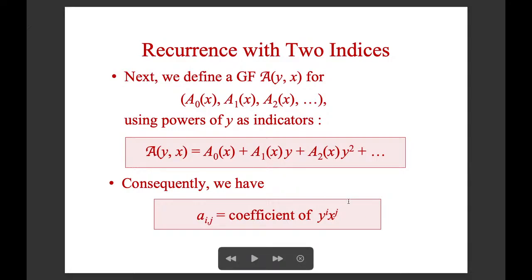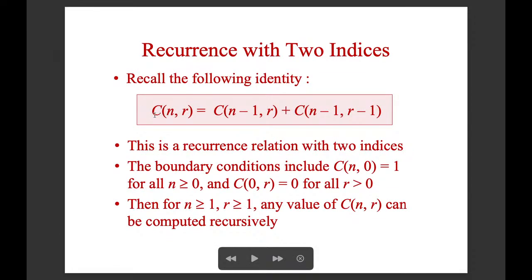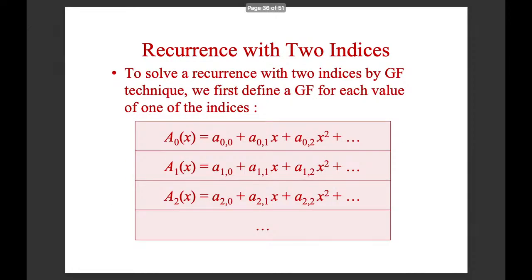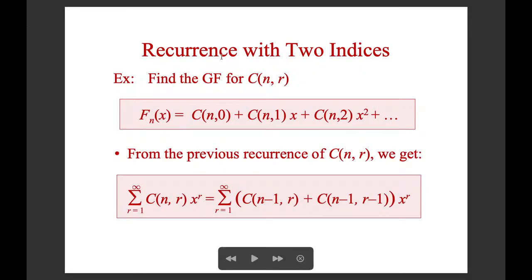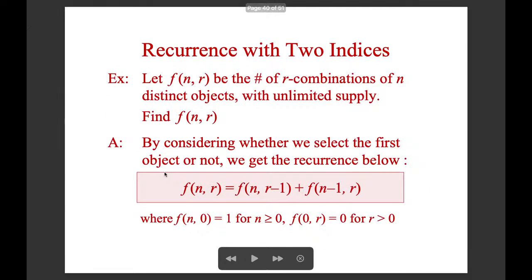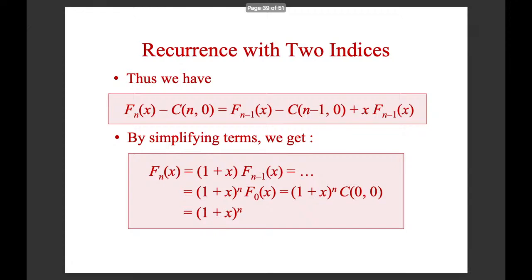So we can now represent the value that we want: let's say C(i, j) is represented as the coefficient in the generating function associated with x to the power i, y to the power j. And still, we can make use of our idea and solve for this one. I will leave this for you as an exercise. So this is the generating function with two variables. I will leave this for you to check.